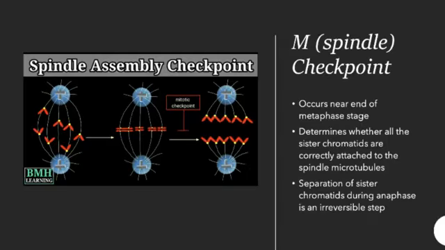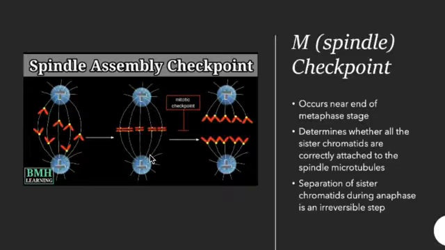The final checkpoint in the cell cycle is the M checkpoint, also called the spindle checkpoint. And this is going to occur near the end of metaphase, as we mentioned earlier. Its main job is to make sure that every single pair of sister chromatids is properly aligned along that metaphase plate and attached to the spindle microtubules.